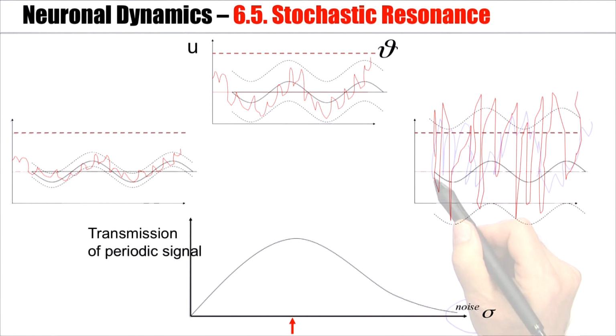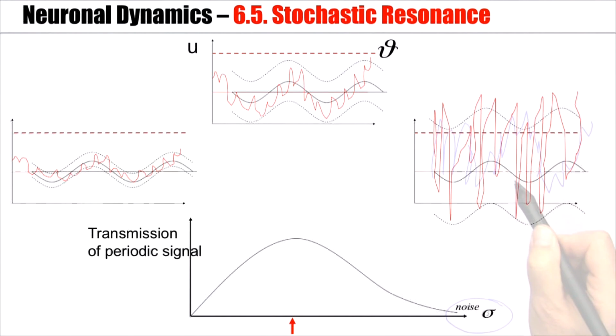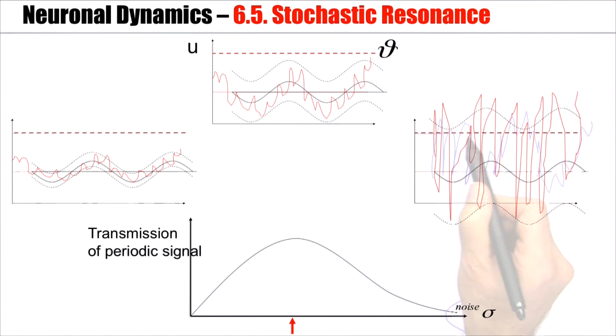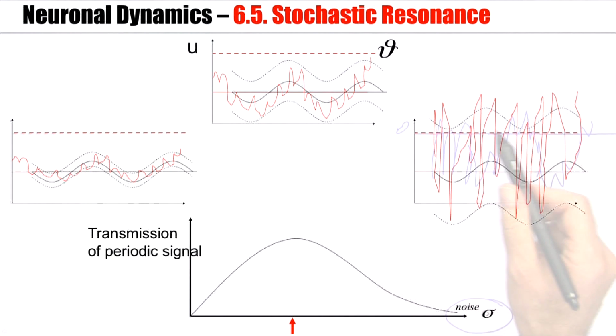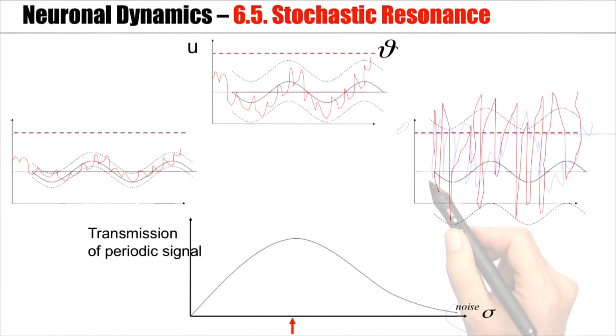So now, if the reference trajectory does this modulation, my threshold is up here, well, spikes can occur whenever. You don't see the underlying oscillation. So transmitting the deterministic periodic signal is not very efficient. For the highest noise level, the reliability of signal transmission is very low.